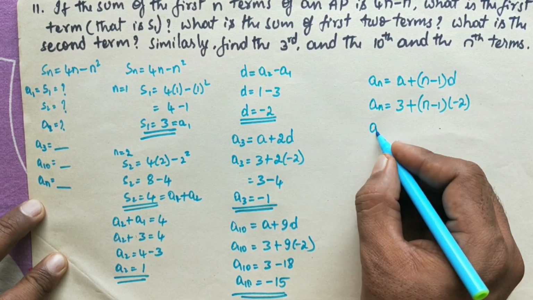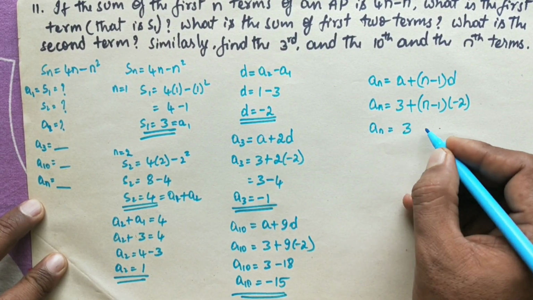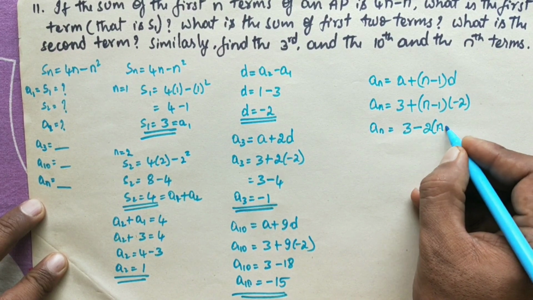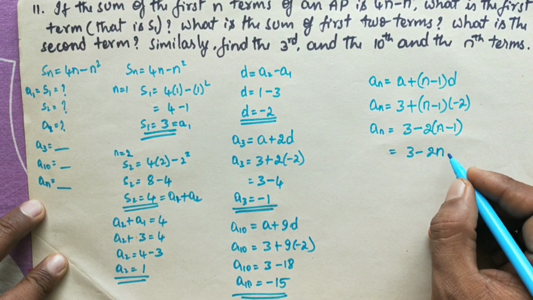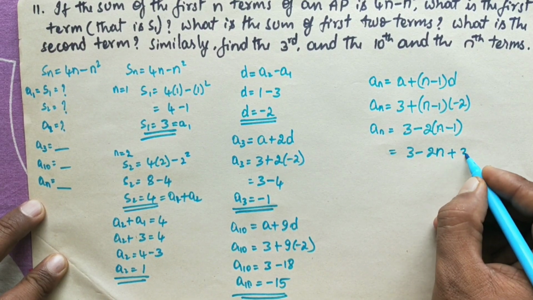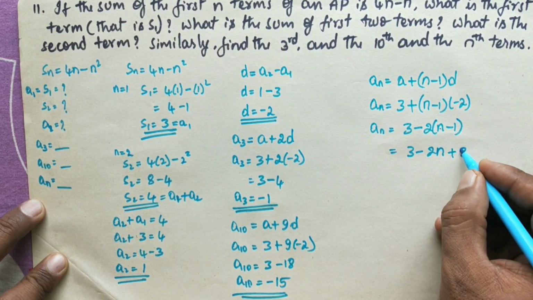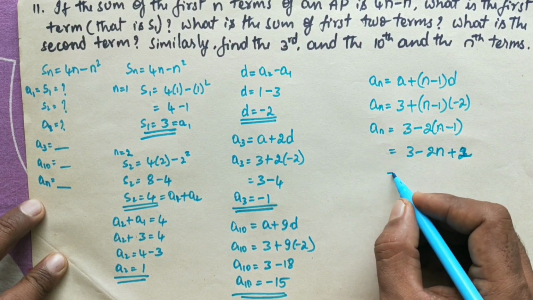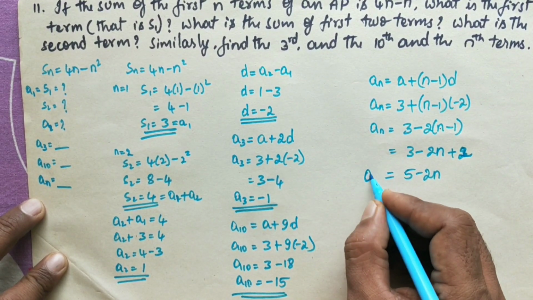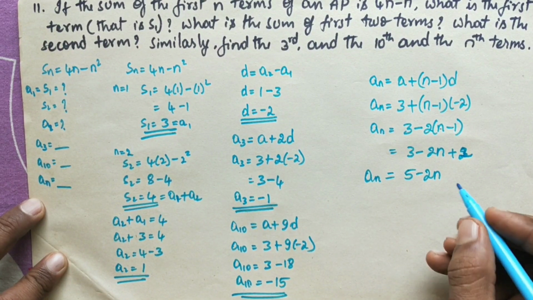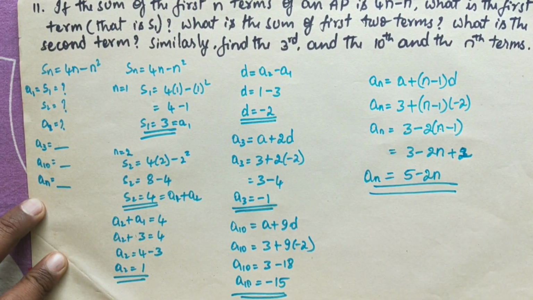So An is equal to 3 minus 2 into n minus 1. So 3 minus 2n, minus into minus is plus, 3 plus 2. So 3 plus 2 is 5 minus 2n is An. So we have calculated all the things asked in this problem.